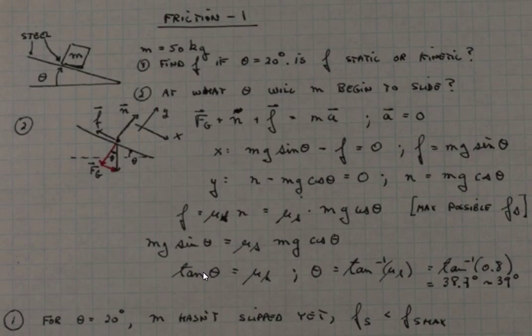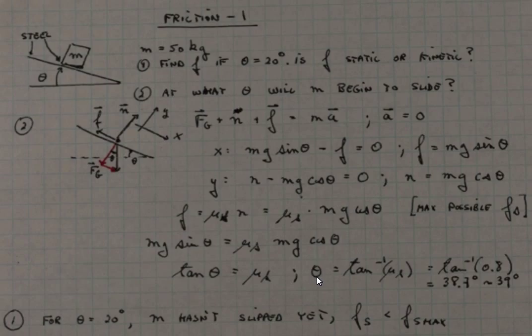So I can solve this equation, simplify it by dividing by cosine. The mg's cancel out on both sides. And so what I'm left with is tan theta is equal to mu sub s.